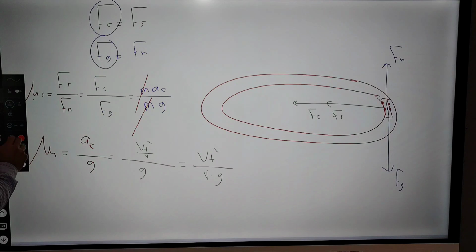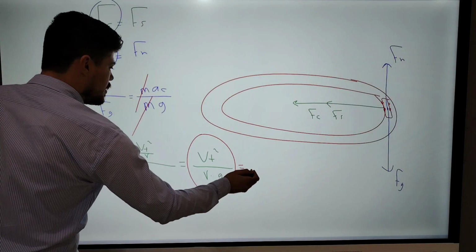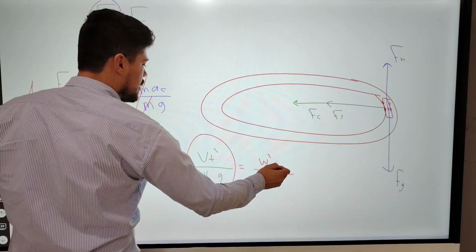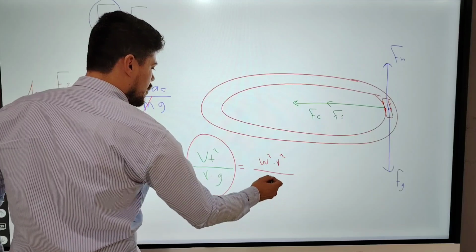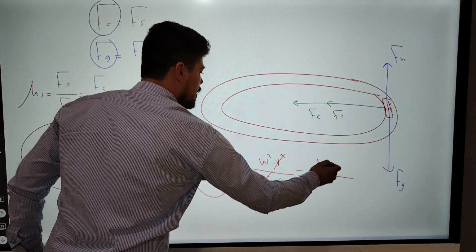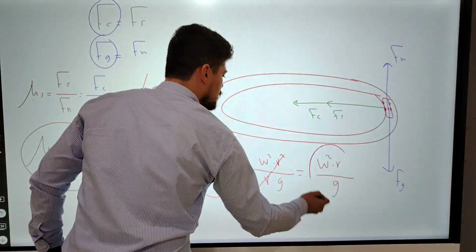Another equation of mu s. Now, how many equations do we have? Equation number one. Equation number two. Equation number three. Instead of vt squared, write what? Write down omega squared r squared over r times g. r with r cancel. What does remain? Omega squared r over g.